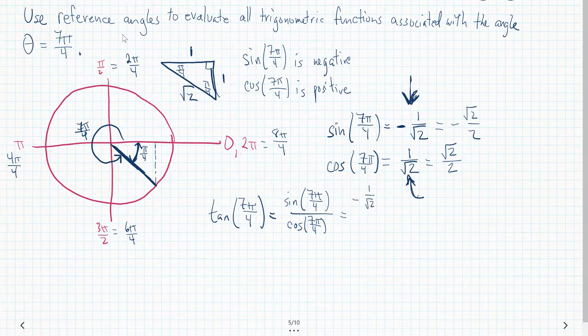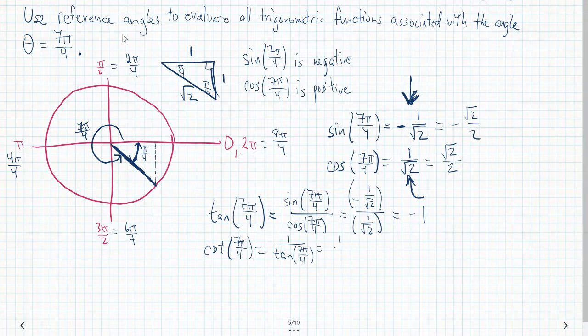I would say that way works better in terms of being speedy. Notice they're the same number, just one's negative, one's positive, so you get negative 1. Okay, that means cotangent of 7 pi over 4. The beautiful thing is it's just the reverse, so you'd flip the tangent upside down if it was a fraction, but in this case it's pretty easy because it's negative 1, so this is 1 over negative 1, so this also equals negative 1.